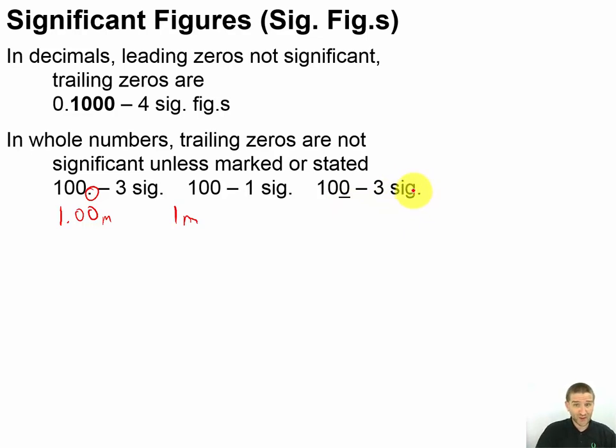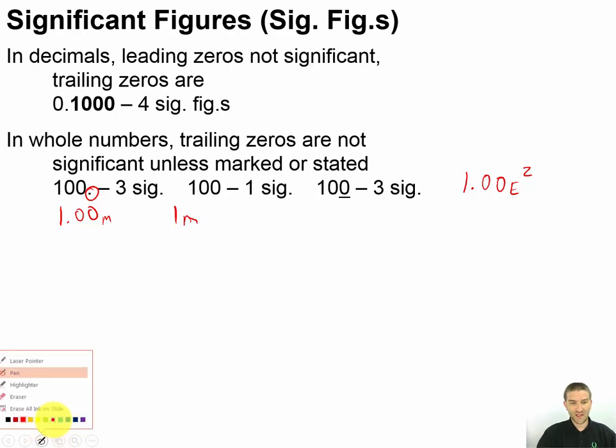Or the really proper way to do that would be to convert it to scientific notation, where we say 1.00 times 10 to the, and in this case it would be 1 to the second. We can write it like that as well, and that'll communicate very reliably that it's 3 significant figures. But there are a few different ways of doing so, so make sure that you're communicating your sig figs in an appropriate way.